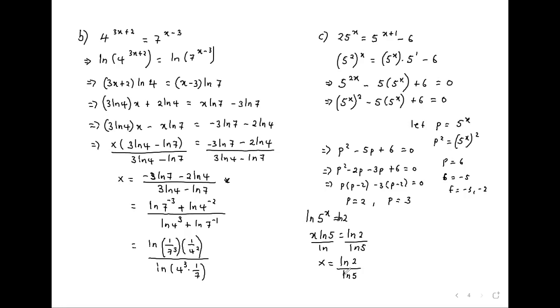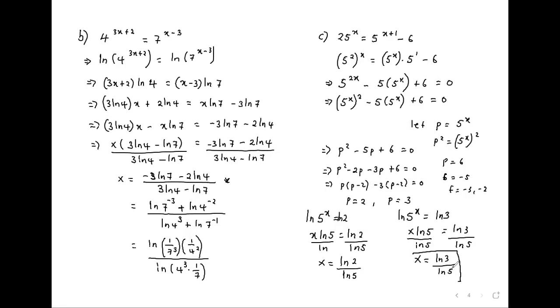We go to p is equal to 3. Again, we'll have 5 to the power x is equal to 3. Apply ln. So x will go down, remain with ln 5 is equal to ln 3. Divide by ln 5, divide by ln 5. So we'll have x is equal to ln 3 over ln 5.